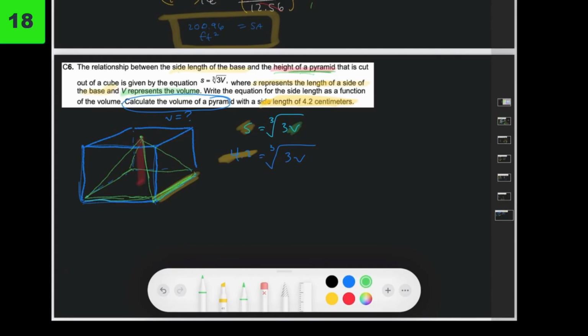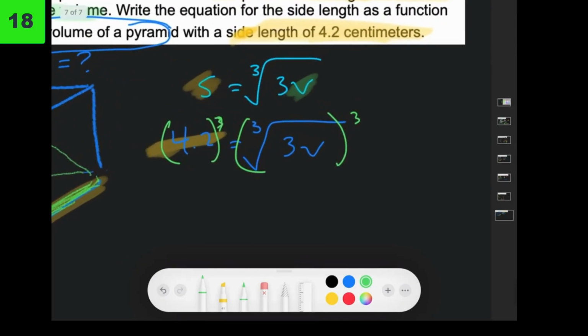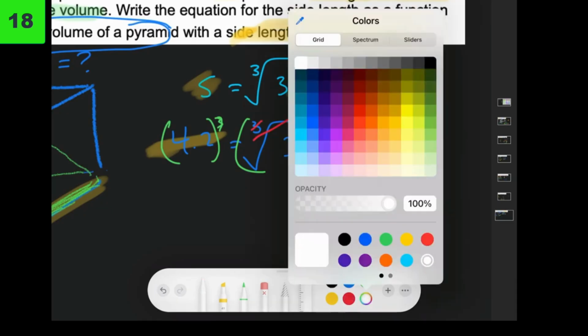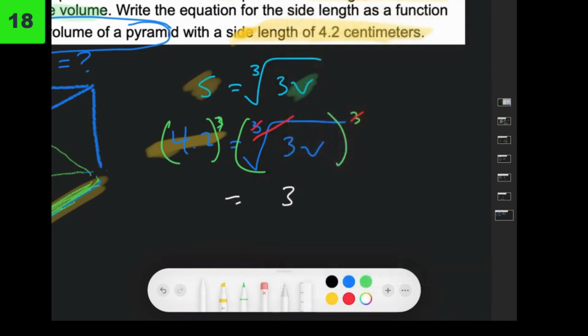Using our math skills, we're going to do this to the power of 3 on both sides. This 3 and this 3 with the radical sign cancel or go away. Now I'm left with just 3v equals 4.2 to the third power. And you'll notice I didn't really work out that number yet.